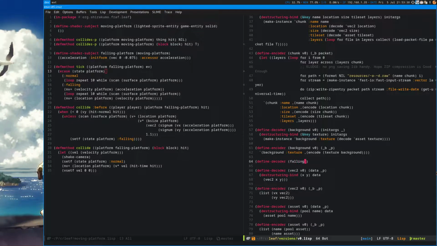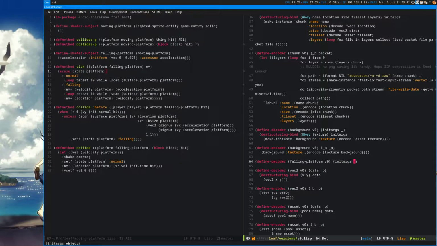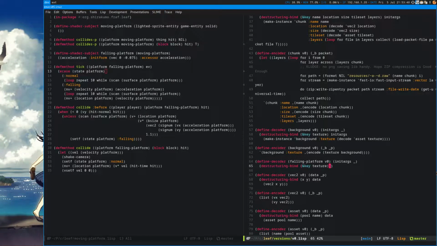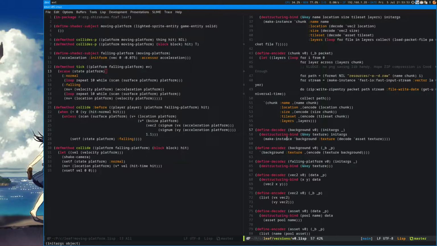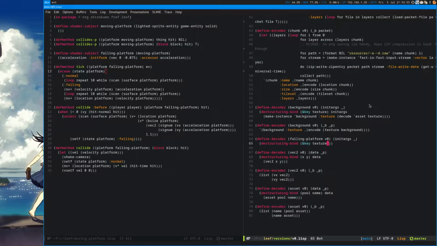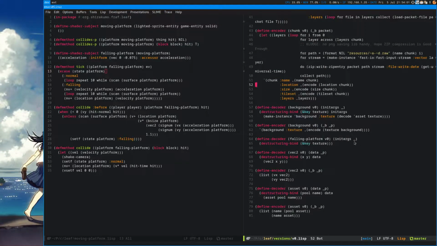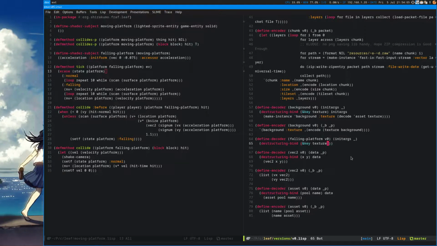Encoder, falling platform V0. Maybe I should make these arguments optional. Yeah, typically it's not required. I don't know yet. Where was I?